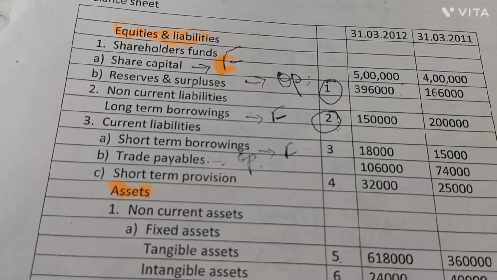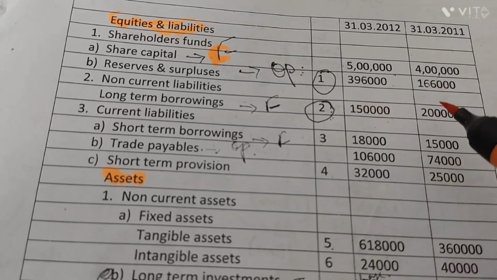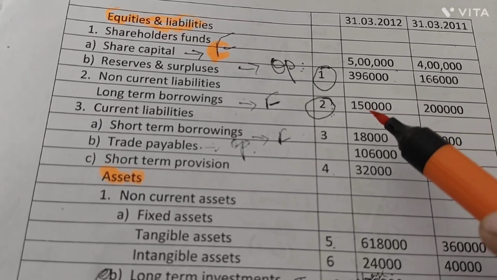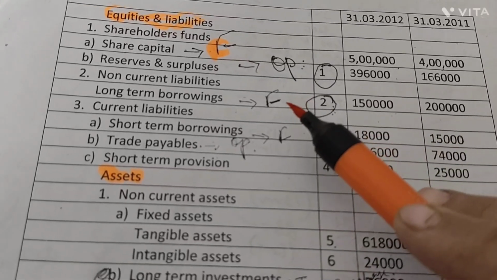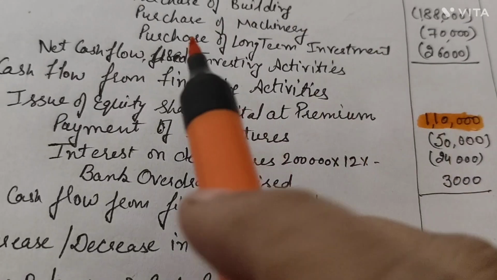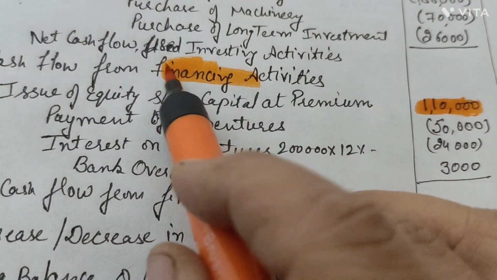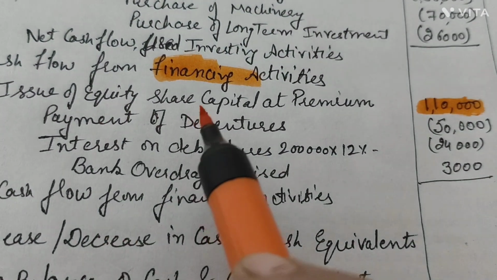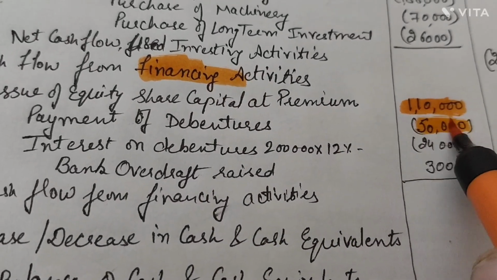Now next again to the balance sheet. Next was our long-term borrowings. We have paid to the long-term borrowings a sum of rupees 50,000. Which head do we have to go to? Financing activities. So in the financing activities, we have payment of debentures with rupees 50,000 here.